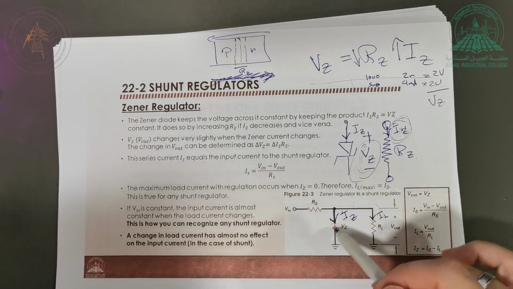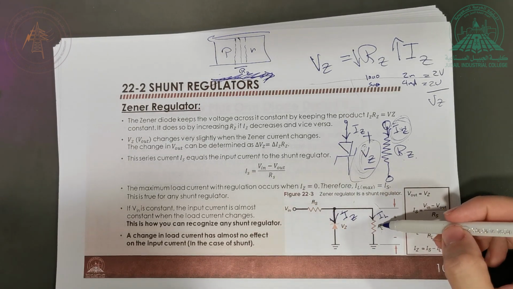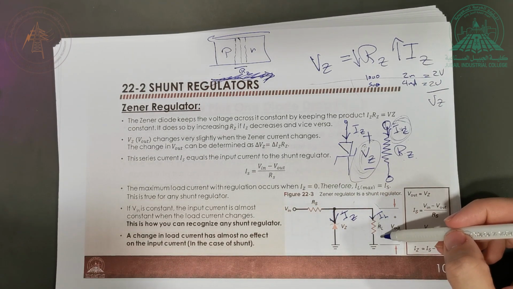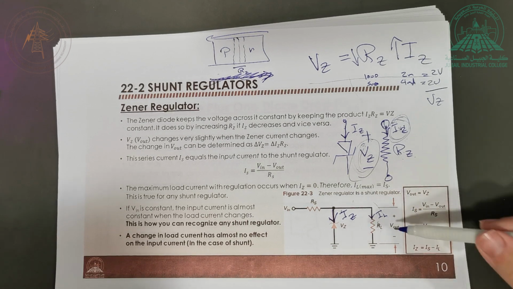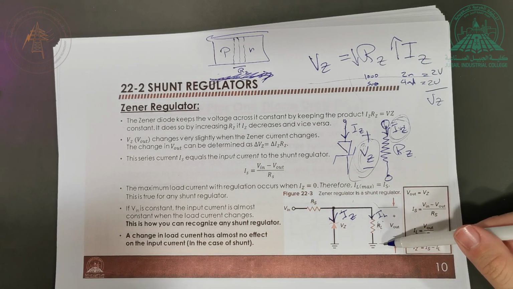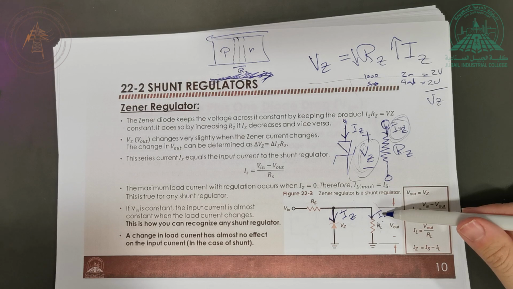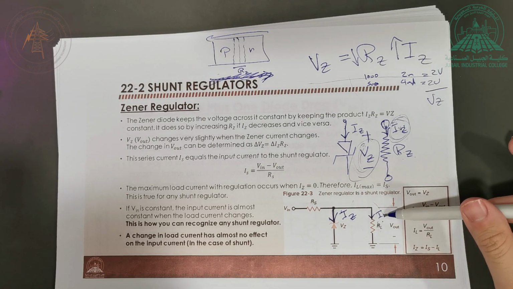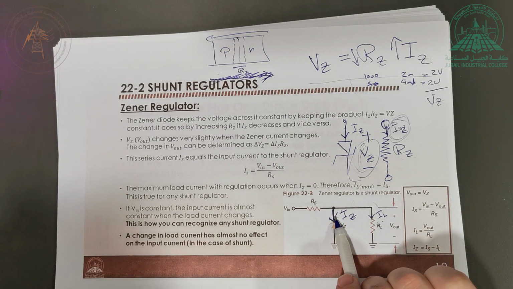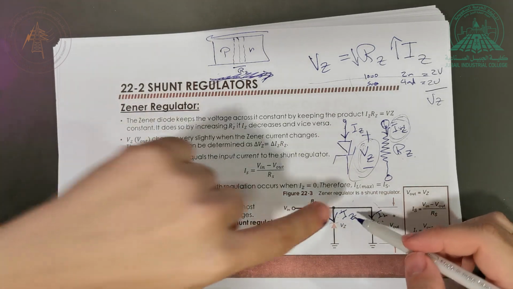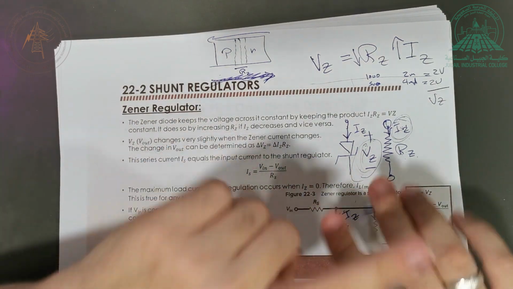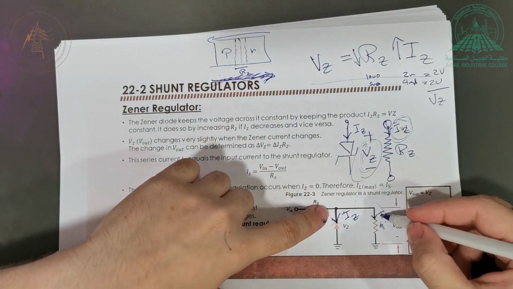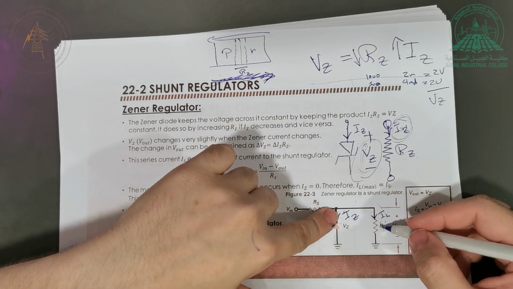Alright, now before the Zener kicks in, if you make this resistance smaller, pay attention with me, Aisha. If this RL tries to go down, IL will increase. When IL increases, what will happen to the IZ? It will decrease. Remember, IZ is the opposite of IL, a counterbalance.